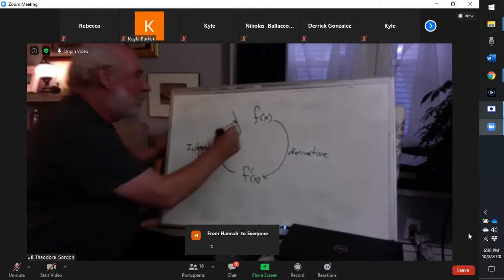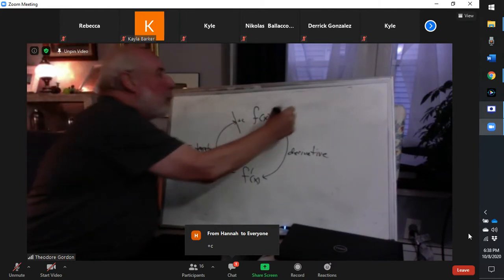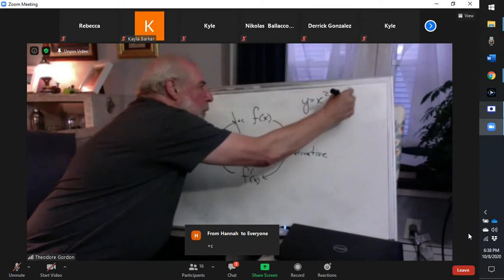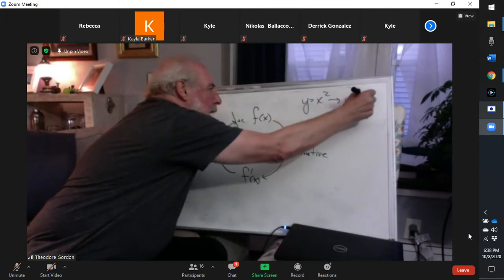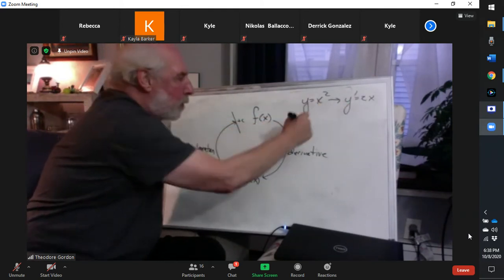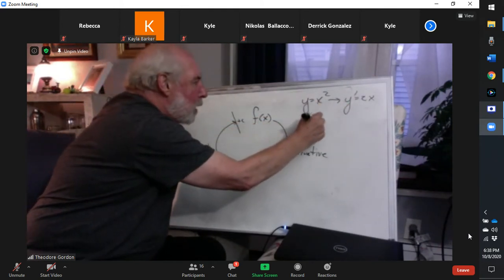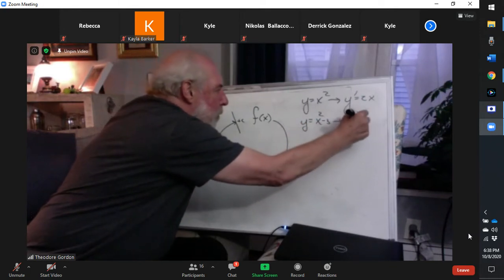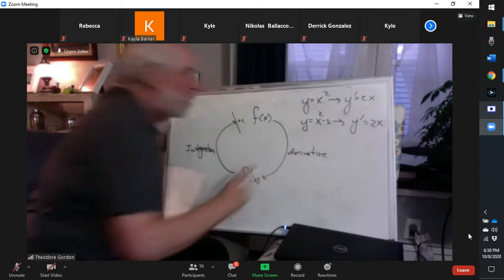So, Mikhail, you lose a constant. If you have y is equal to x squared, that derivative is 2x. The integral of 2x is x squared, derivative of x squared, 2x. But if you have y equals x squared minus 3, that derivative is still just 2x.